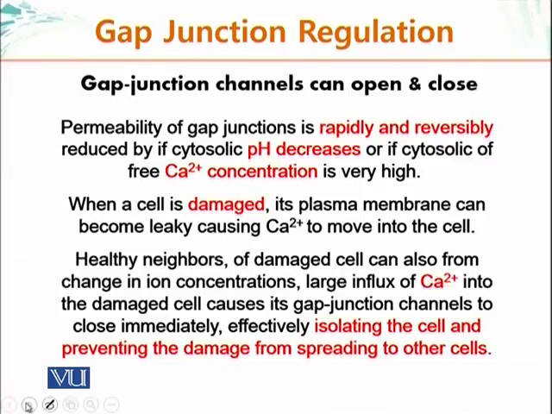And remember, calcium is an important secondary messenger, so it will alter the function of a cell if it enters the adjacent cell. So healthy neighbors of damaged cells can change the conformation of their gap junctions, thereby shutting these channels down. So the cell is isolated, preventing the damage from spreading to the other cells.